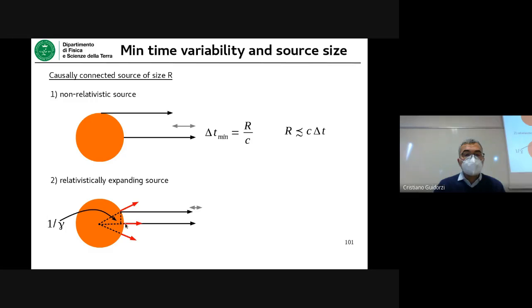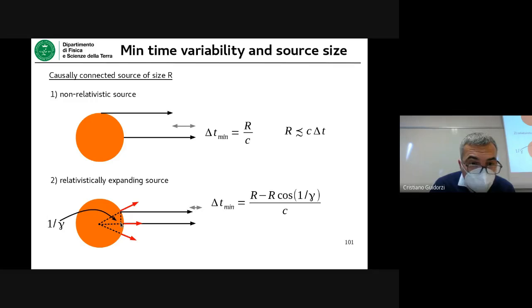This is just r, the total radius, minus the projection, r times the cosine of this angle. This angle is 1 over gamma. So the numerator is this very tiny path, and given that you want to calculate a time interval traveled by light, we divide by c.